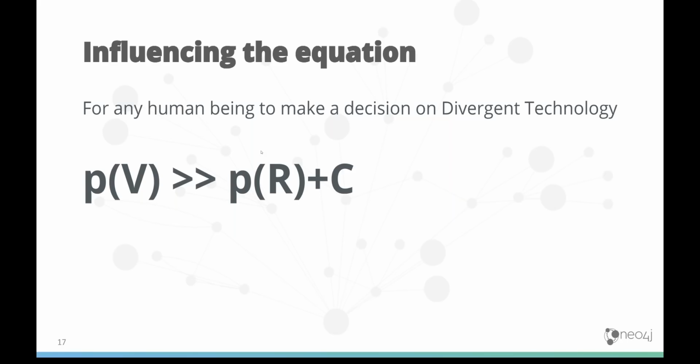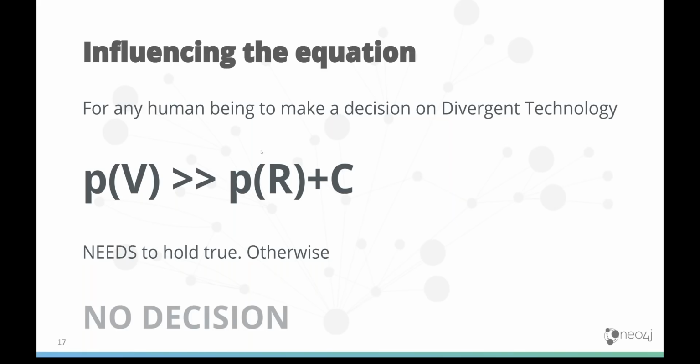They have to be clear. That equation has to be a lot bigger. If that doesn't happen, guess what's going to happen? And it happens all the time to tech projects and to graph projects as well. People are going to stick with what they know. They're going to stick with their current environment, and they're going to choose not to decide.